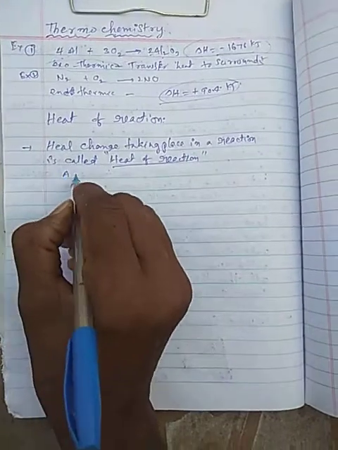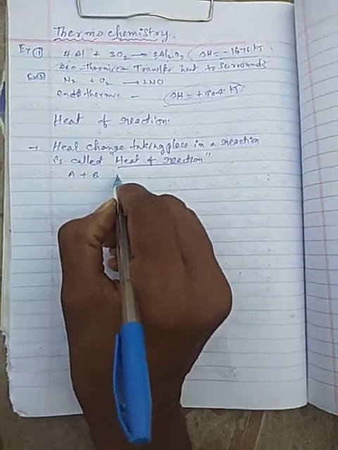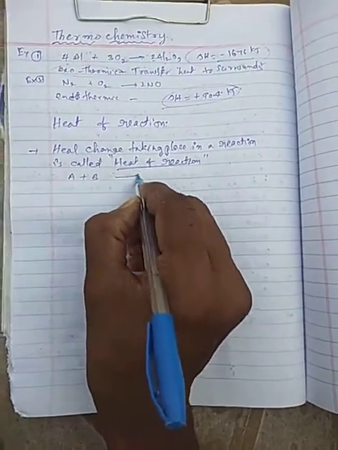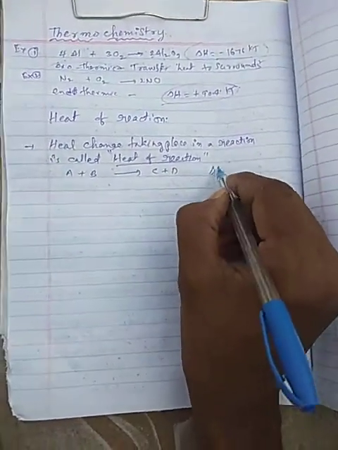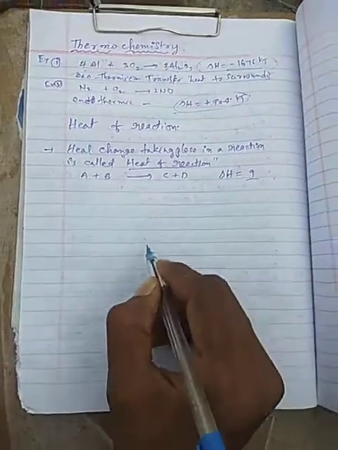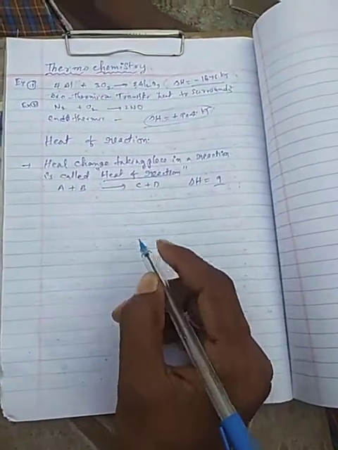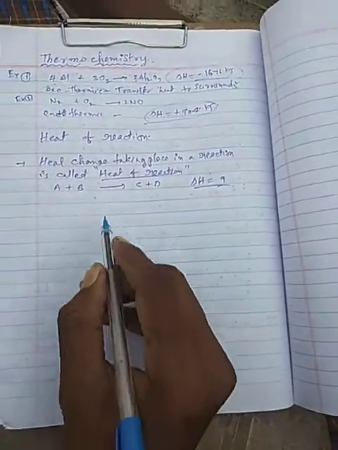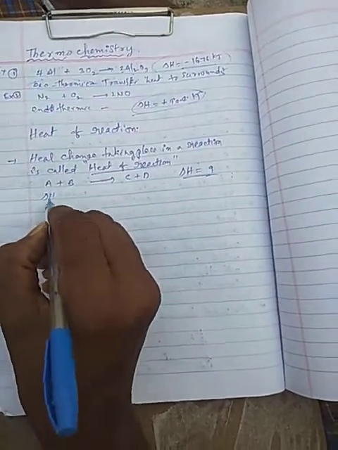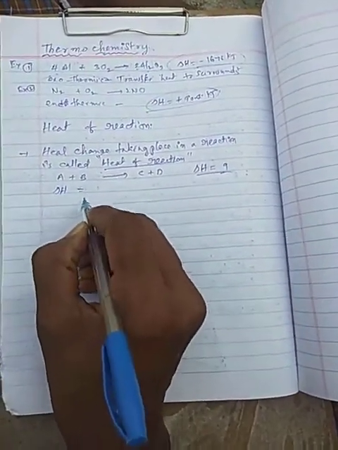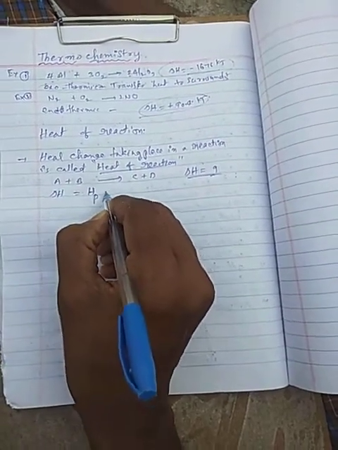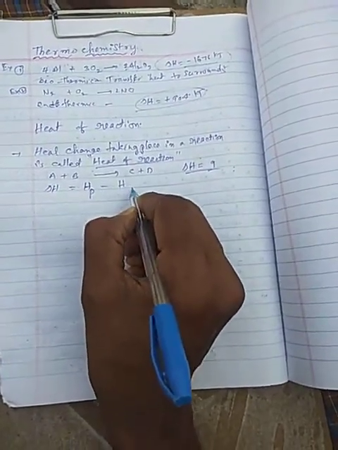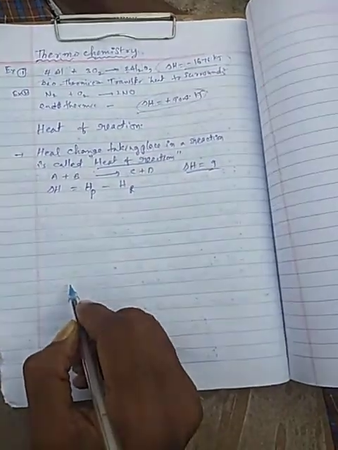For example, see the reaction A plus B, a chemical reaction to form C plus D. The heat amount in this reaction is Q. Now the heat of reaction delta H is equal to the enthalpy of products minus the enthalpy of reactants.